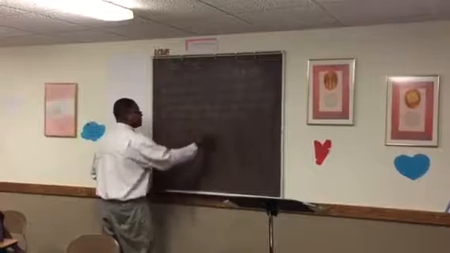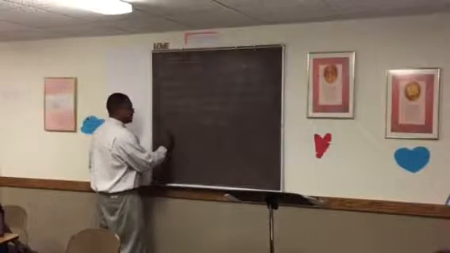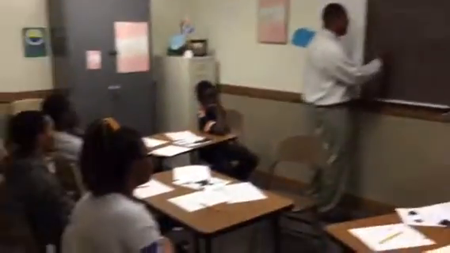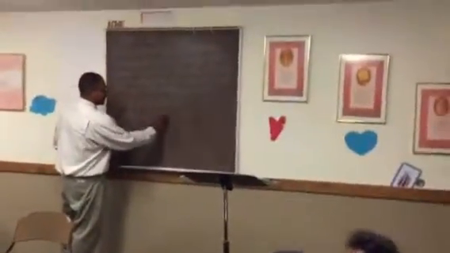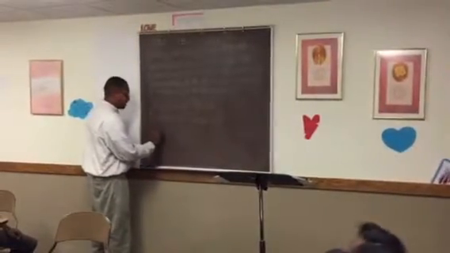Symmetrical balance. And one is called asymmetrical balance. I'll help you remember that later. And the last one we're going to talk about is called radial balance.